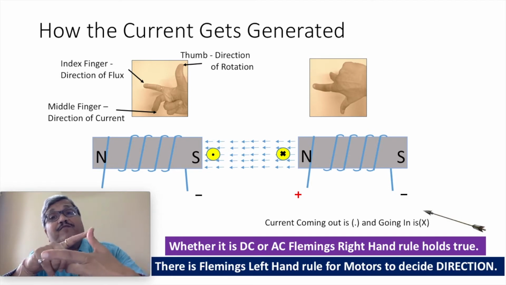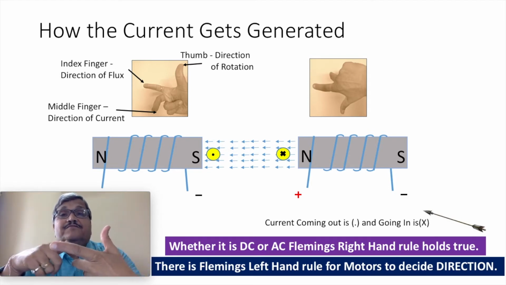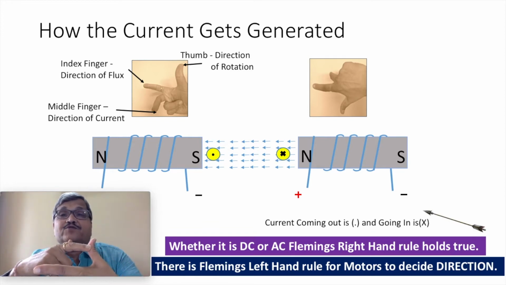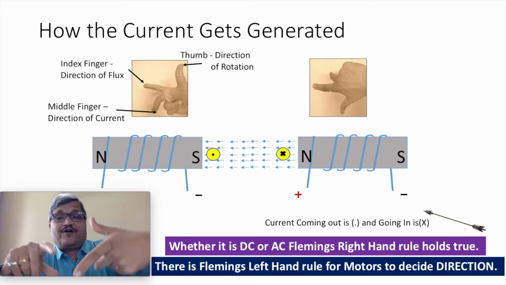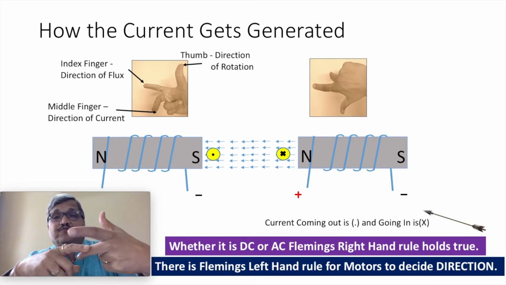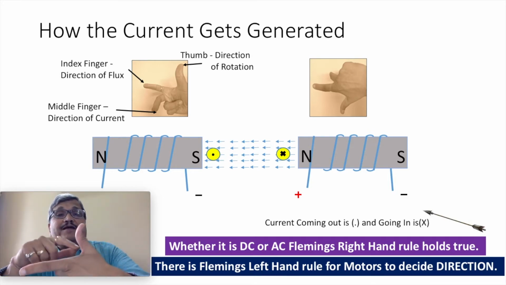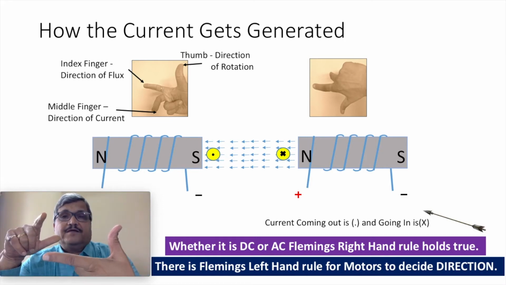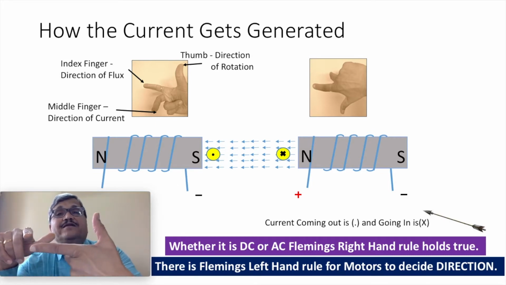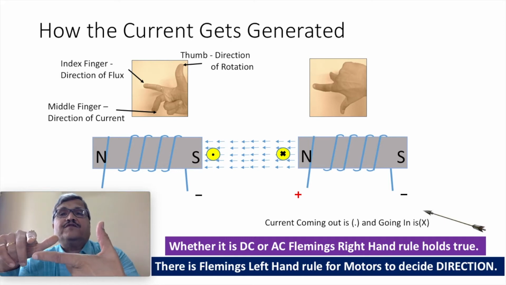But the direction of rotation is the result of this law or rule. You cannot decide the direction of the motor. It is decided by the electrical rule. The easy way of remembering is Fleming's left hand rule, which is used for motors.